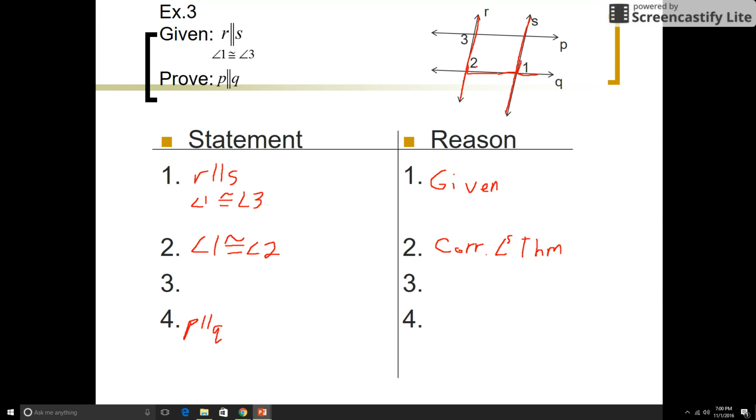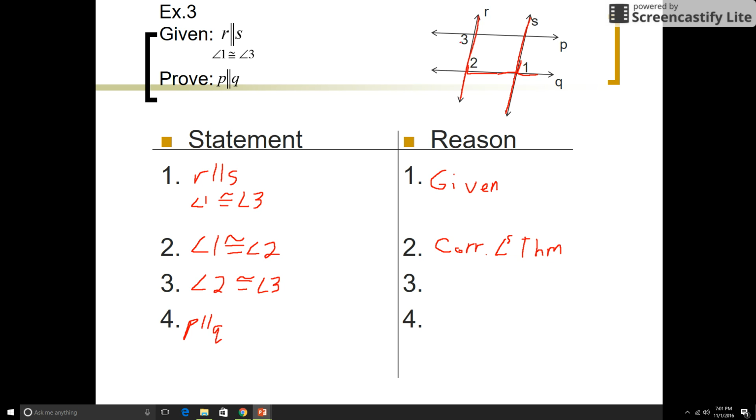So what I started with, I said these are the 3 angles we need to look at. I've already paired 1 with 3, and I've paired 1 with 2. So we need to think about the only pair of angles we have not paired together, which would be angle 2 and 3. So if I look at angle 2 and 3, those again are both acute, which would tell me that they are congruent. So I'm going to write down that angle 2 is congruent to angle 3.